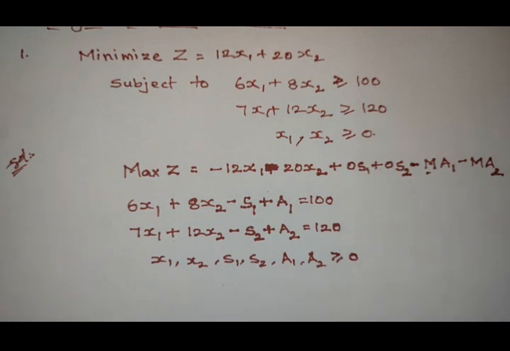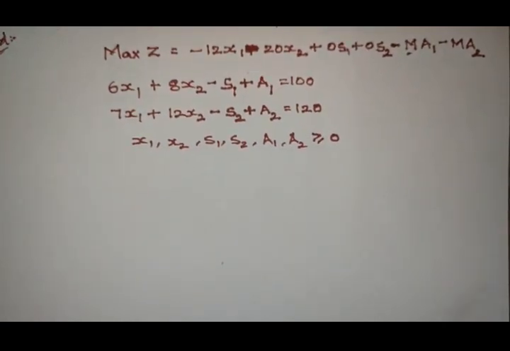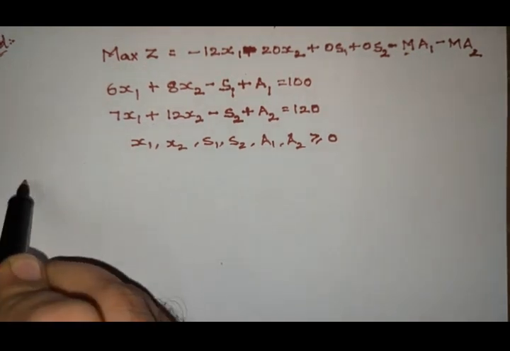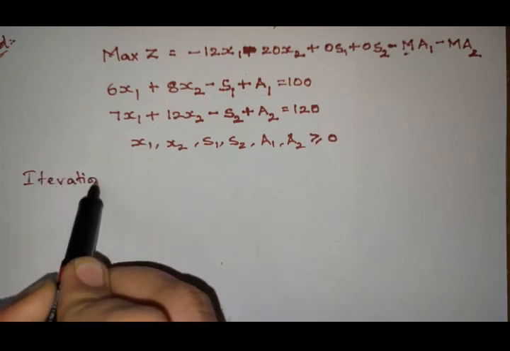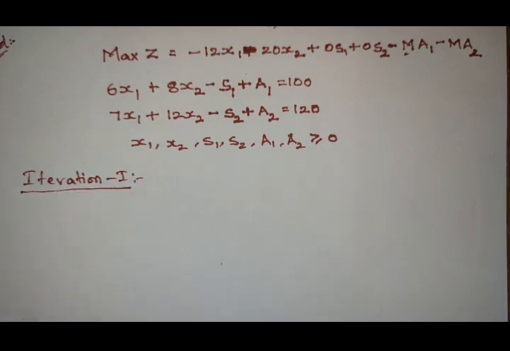Now let us take this remodified model and by using this let us form the simplex table. The same terms here also we are writing. First iteration, iteration 1.